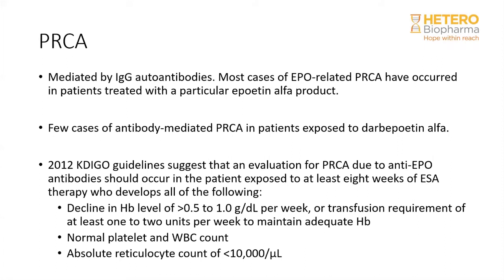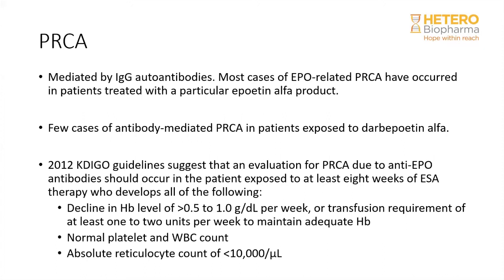When it was administered subcutaneously, it was associated with the development of antibodies. Following this correction after 2004, there have not been many cases of pure red cell aplasia. A few cases of antibody-mediated PRCA have also been reported with darbepoetin, but these are anecdotal reports and not as frequent as with erythropoietin alpha.